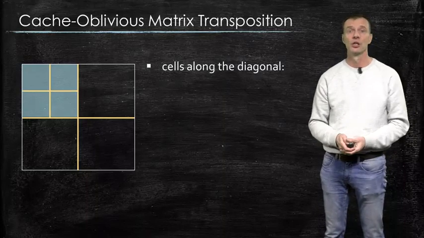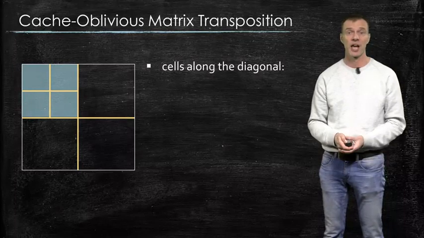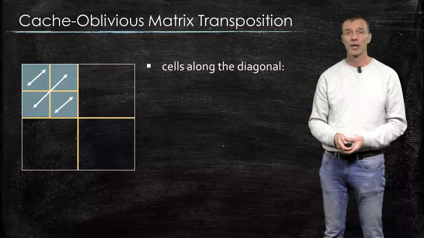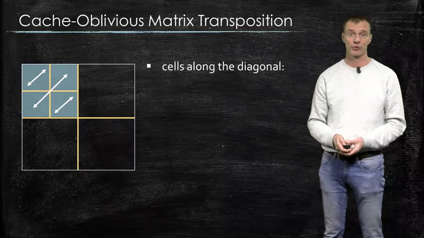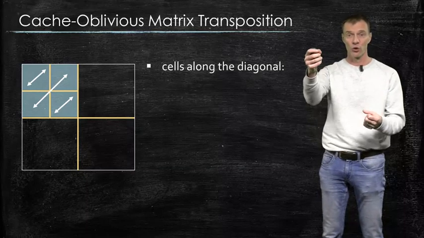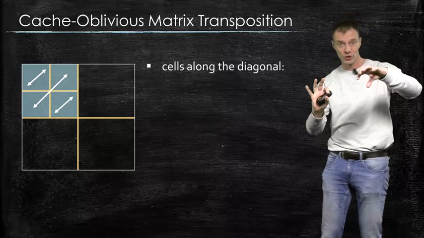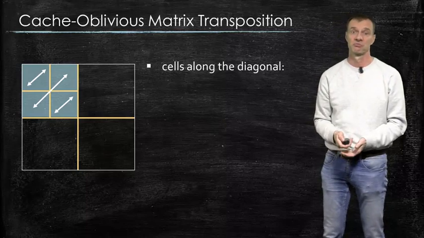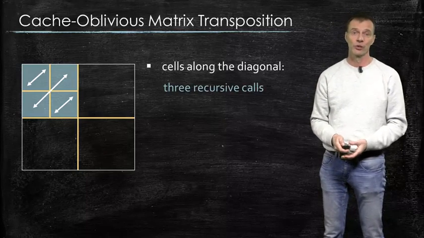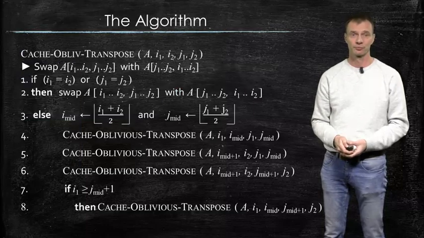Well, again, you partition into 4 smaller pieces of half the original size. But now you only have 3 recursive calls: 1 call that is no longer on the diagonal, and 2 calls where you still swap within themselves. So here we have only 3 recursive calls.